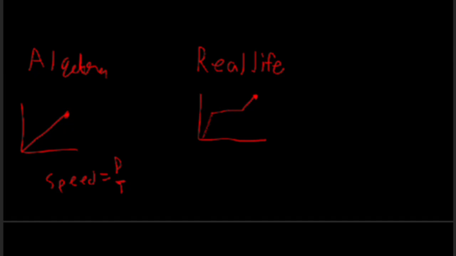A car can speed up and slow down. A population can grow faster in some years than others. And the problem is that our usual tools, like distance over time for speed, only tell us the average over an interval. They can't tell us what's happening exactly at every moment. So the question that breaks up algebra is, how fast is a car going at exactly one moment in time?